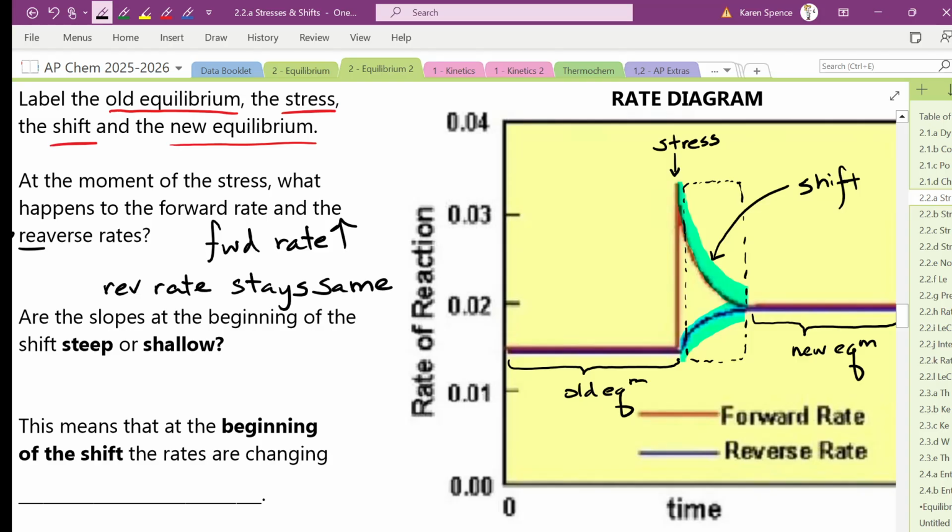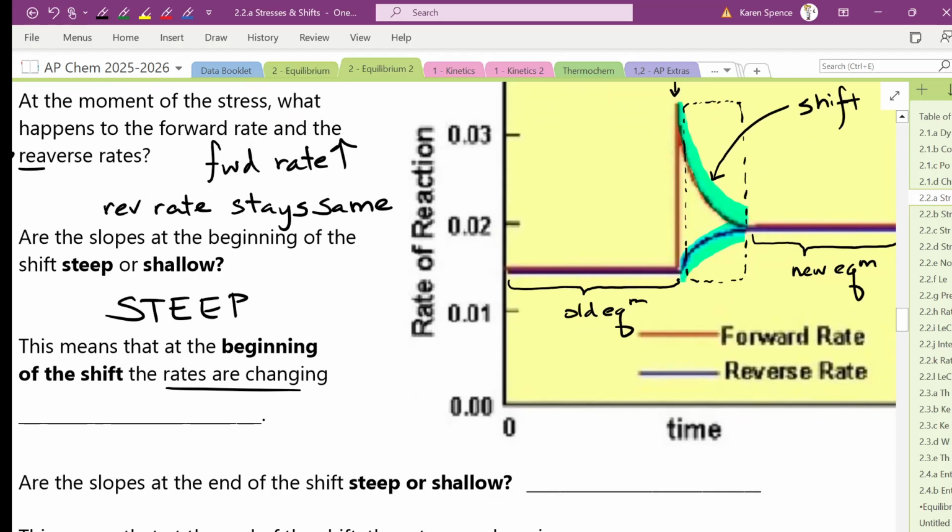During the shift, at the beginning of the shift, are the slopes steep or shallow? Steep. That means that at the beginning of the shift, the rates are changing. Are they changing slowly or quickly? They are changing quickly at the beginning of the shift.